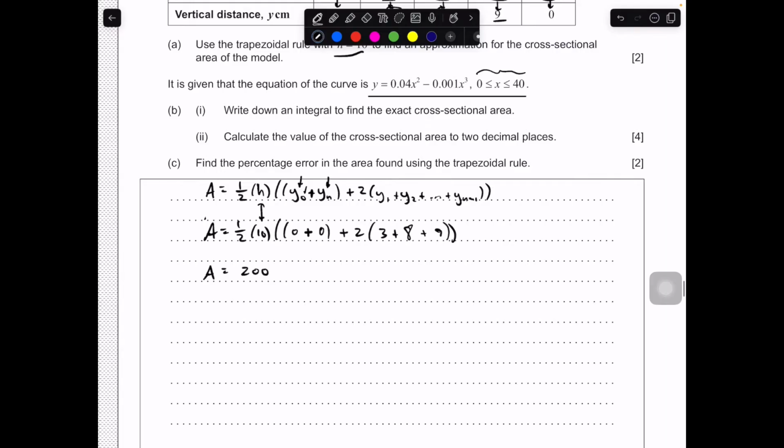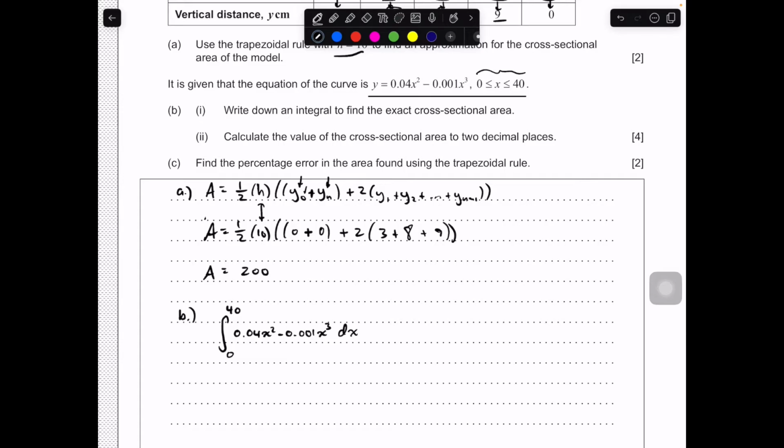So for our cross-sectional area, we want to find the sum of all the little rectangles from 0 to 40 of this function. And then we want to put dx, those little rectangles.